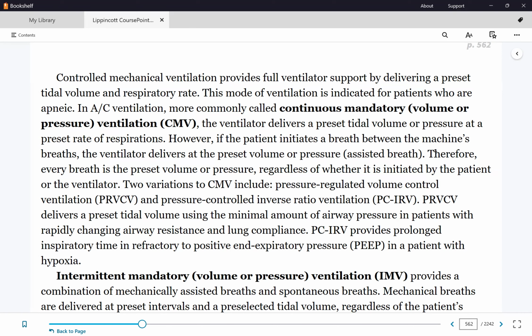Is that bad? Yes. Can we keep the patient on the same mode? No, because are they getting better or worse? Why are they taking more breaths? Oh, because they're getting better. They're getting stronger. They're taking more and more breaths. So can we maybe try decreasing the frequency on the AC?